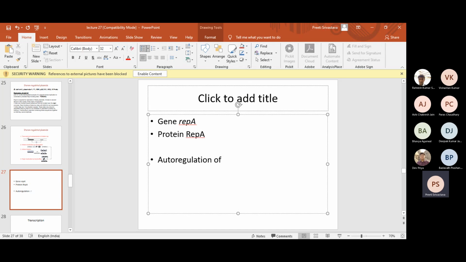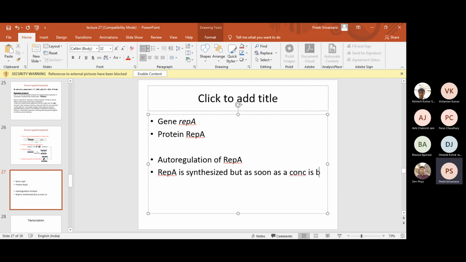What we mean is that RepA is synthesized, and as soon as a concentration is built up, some RepA proteins will bind to its own promoter and repress further synthesis.